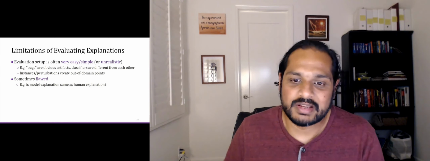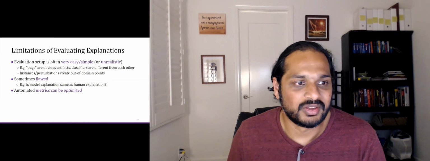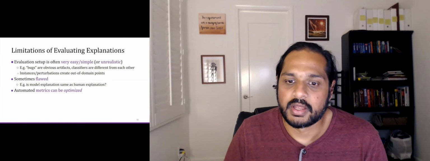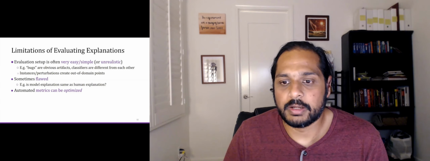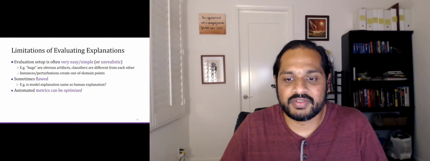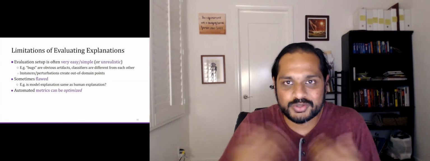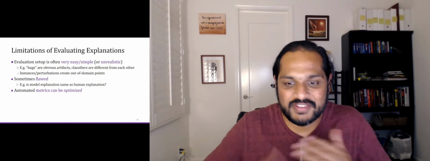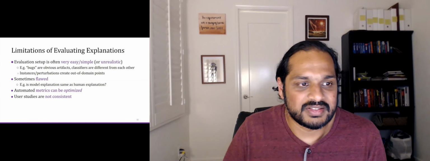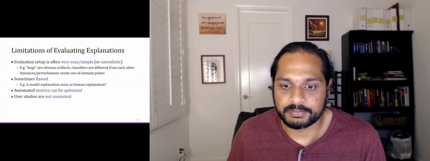And so it can get a little bit fuzzy as to what is a good evaluation and what is not. Finally, there are a lot of automated metrics for explanations. And of course, when you have automated metrics, you can also try to optimize them and get a better explanation technique that fits those metrics better. And there is some of that also going on.